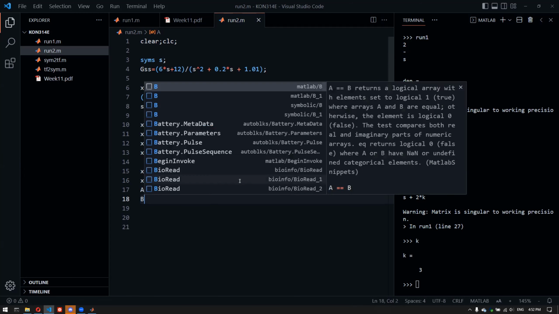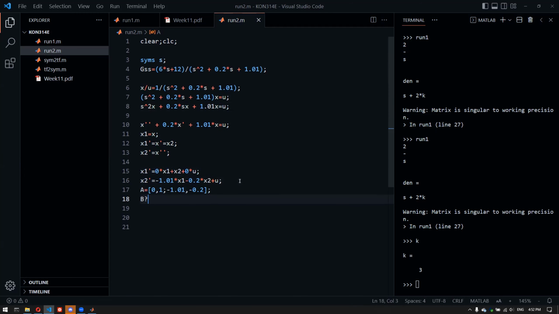And the B matrix here is going to be: the first one has 0 u's in it, the second one has 1. So this is basically the notation here, the A matrix and B vector. And all that I've done is I got rid of the numerator part. I replaced it with a 1, and I took the denominator. Then I cross-multiplied everything.